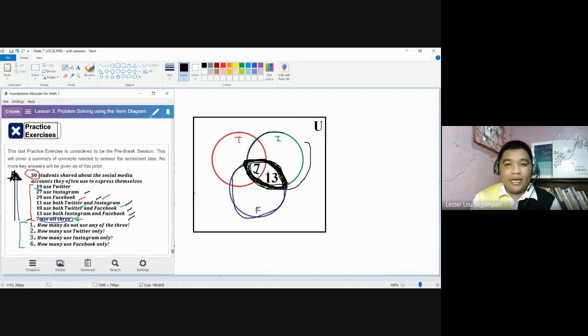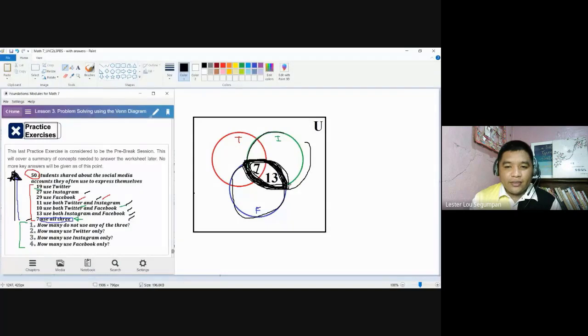Do not forget, 7 and 13 here are not anymore elements, unlike the first pre-bake session of this chapter. But 7 here is the number of students. So how many are they? 7 students are already accounted for here. And if you're going to add 13, this would make 20 for Instagram and Facebook. There is already a duplication if you're going to place 13 because I have mentioned that 7 are already counted here.